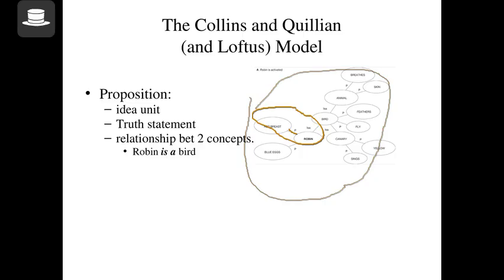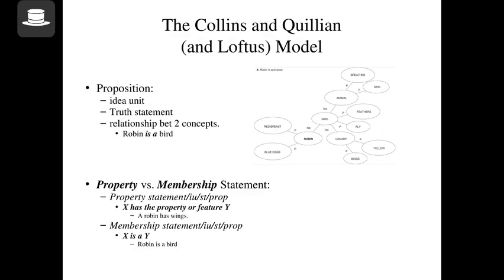So you can also think of semantic memory as a network of propositions, right? So what is a proposition then? Well, as we said, a proposition is an idea unit. It's the truth statement. It is a relation between two concepts.